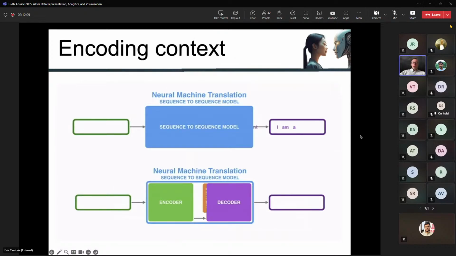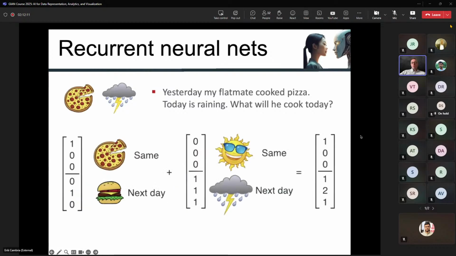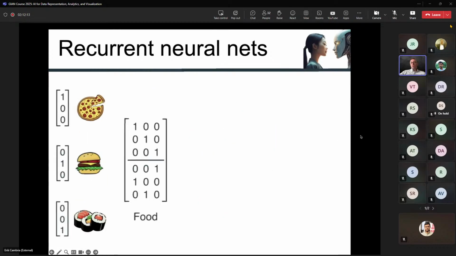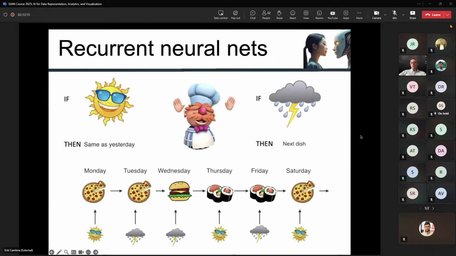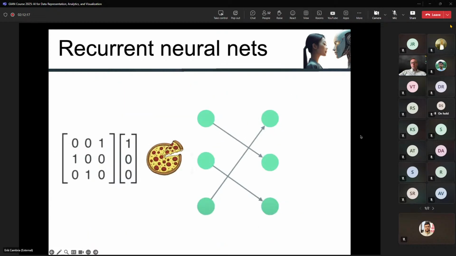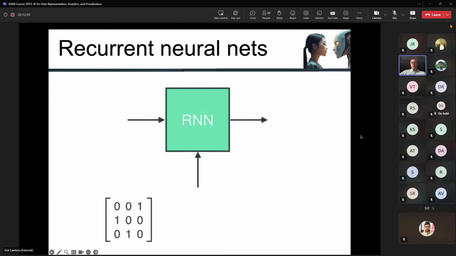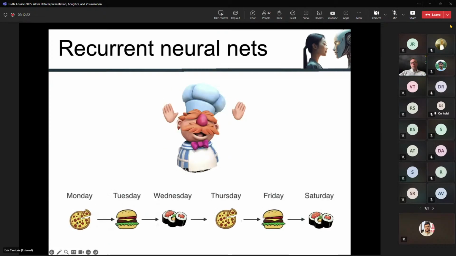So in this example for the recurrent neural network, I use this as a sequence: if I cook pizza on Monday, then on Tuesday I cook burger, then I cook sushi, and then it starts again.